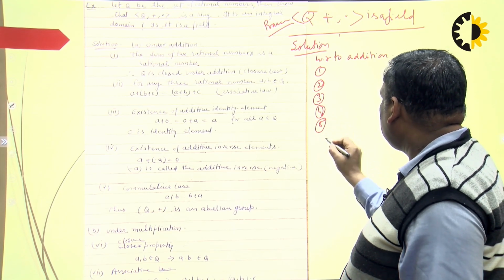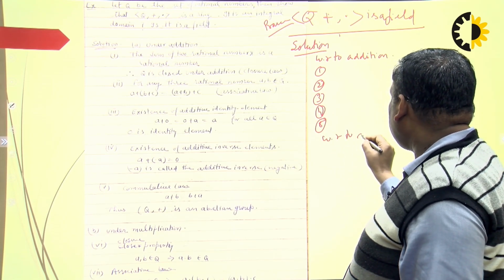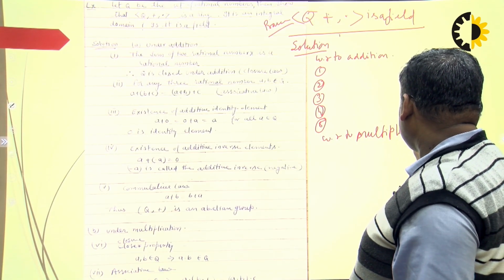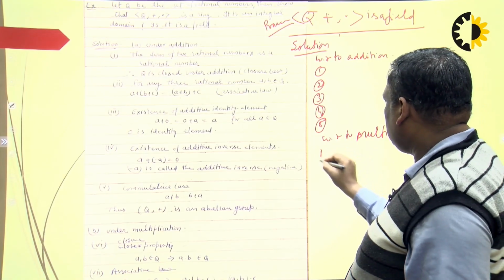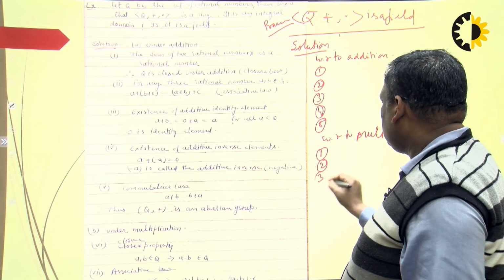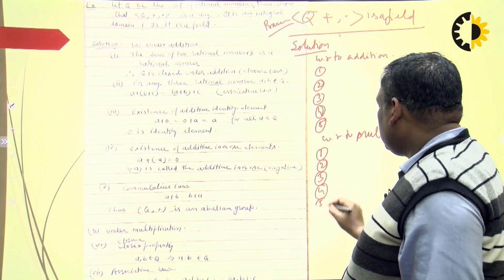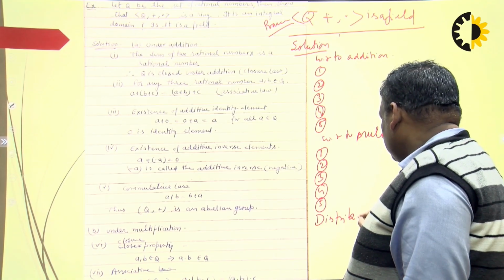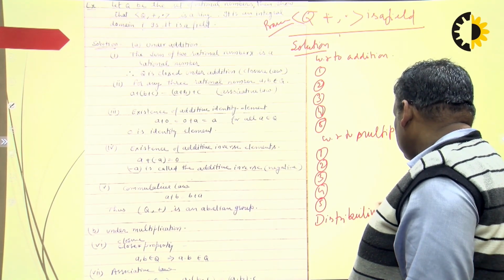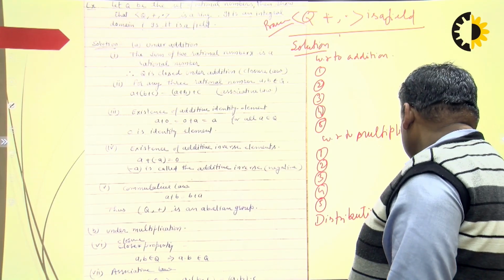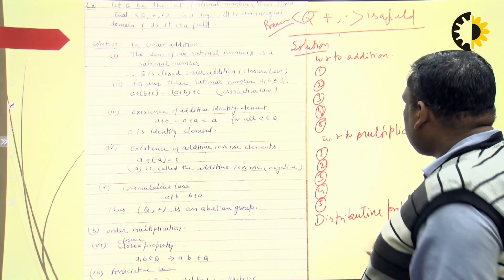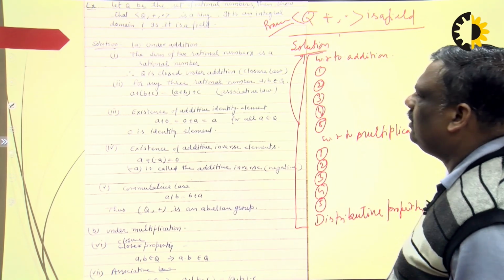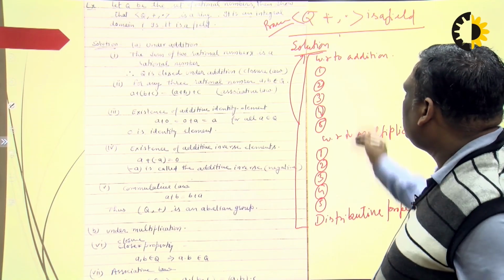Then again, with respect to multiplication, we prove the 5 properties, then the distributive property. If these 11 properties hold, then we can say that this one is a field.